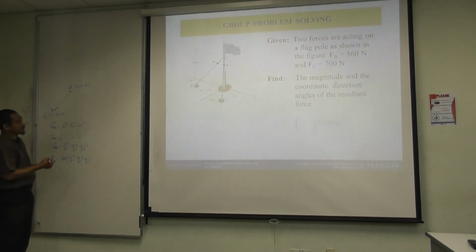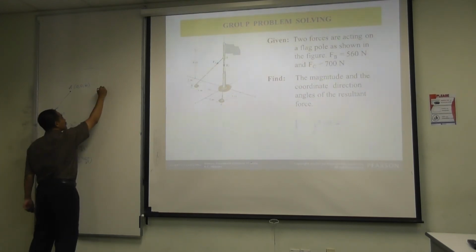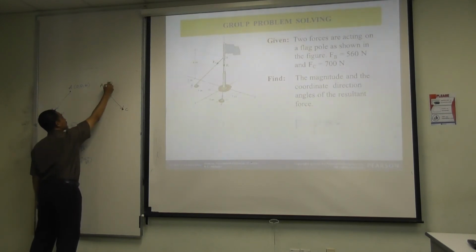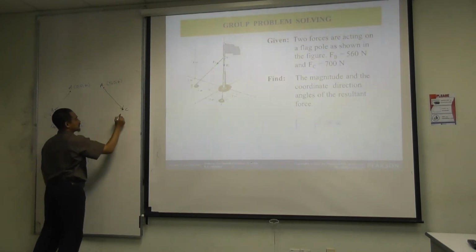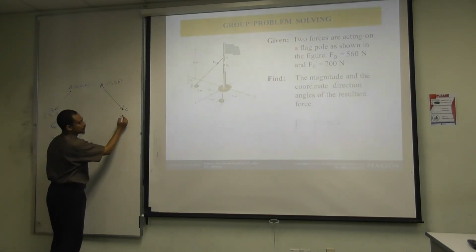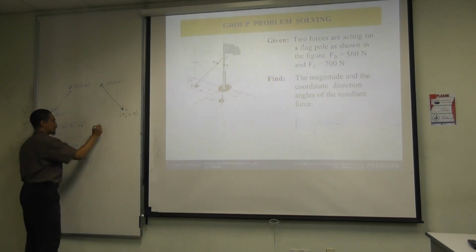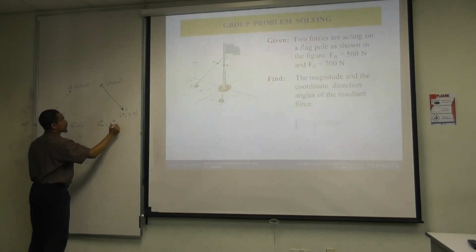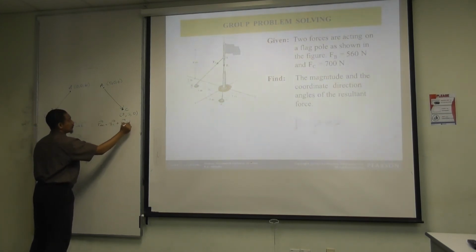What about FC or FAC? So A to C, right? So A is 0, 0, 6, C is 3, 2, 0. So RAC is 3i plus 2j minus 6k.